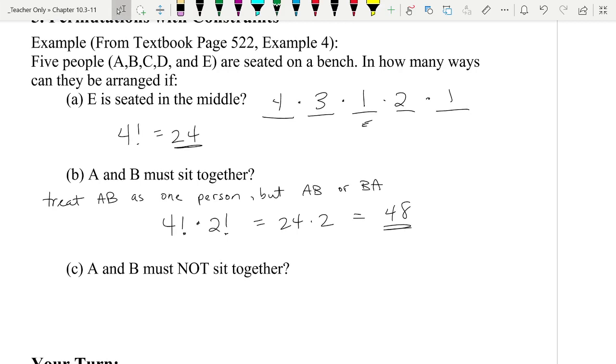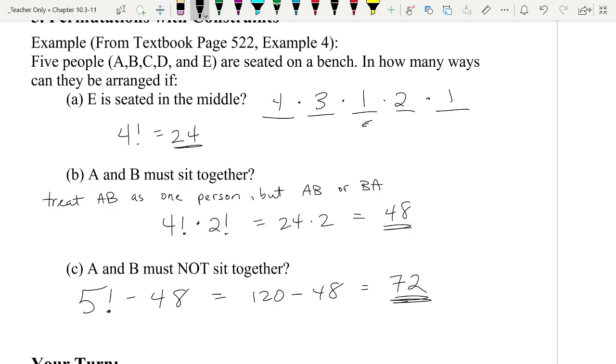Well, I could start kind of playing with where they sit, or I can realize that, wait a minute, if this represents all the ways that they sit together, and 5 factorial would be just how many different ways I could seat all 5 of them, if I subtract those 2 numbers, that would be how many different arrangements they are where they're sitting apart. Does the logic of that make sense to you? That's just such a beautiful little piece of logic.